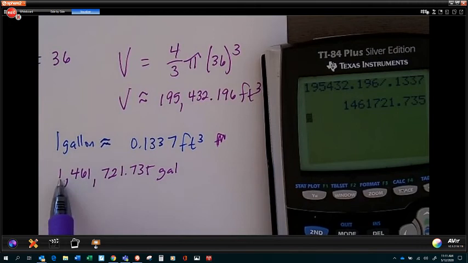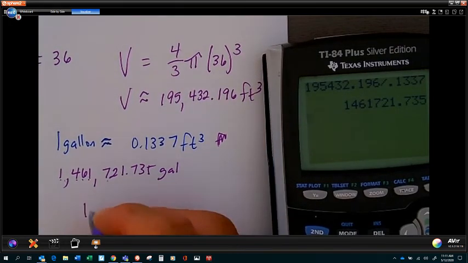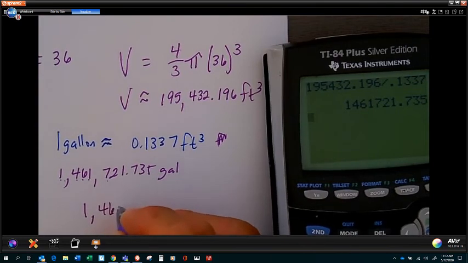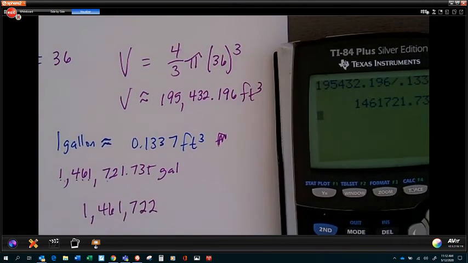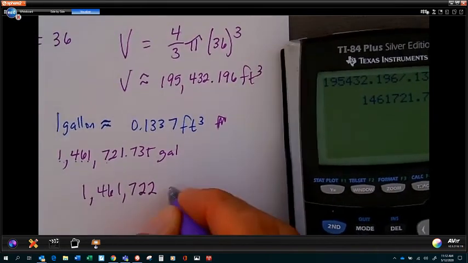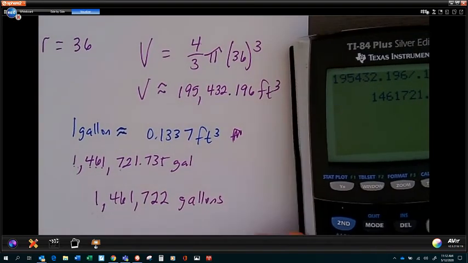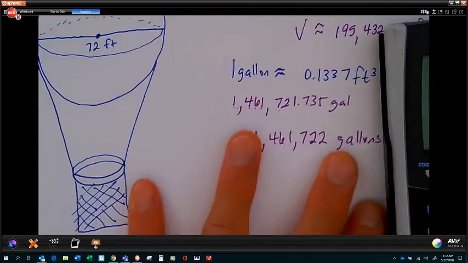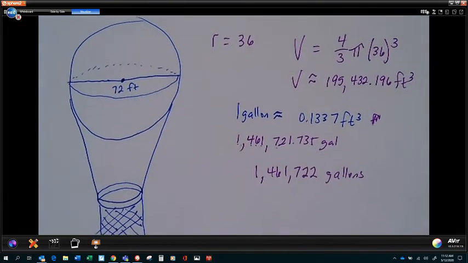So 1,461,722. And if we wanted to round it to the nearest 1,000 gallons, then we just do 1,462. And there's my drawing and total problem right there.